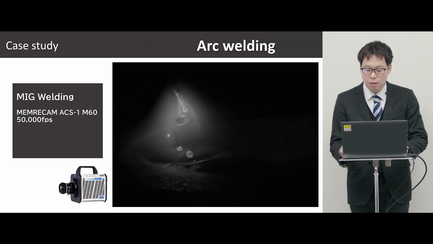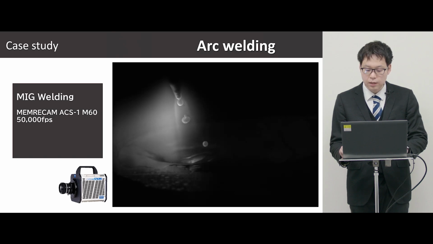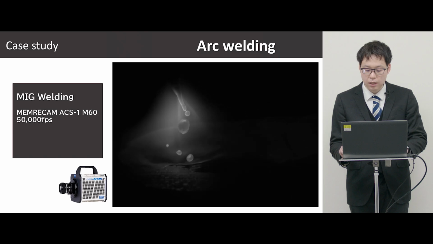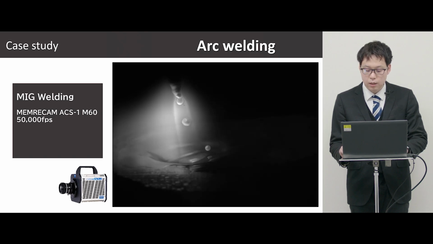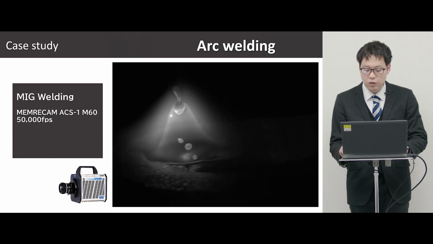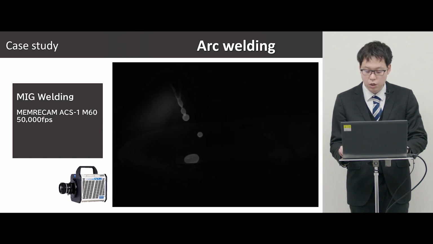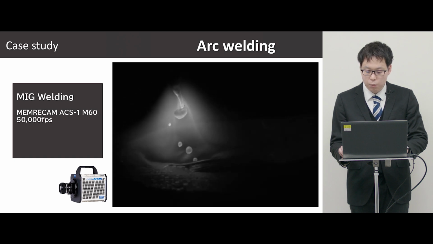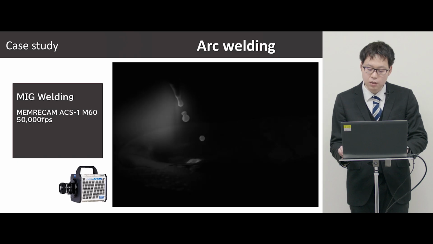A key feature of the monochrome camera is its sensor sensitivity extending into the near-infrared regions around 1000 nanometer. By using the near-infrared bandpass filter, the camera effectively cut out the strong visible light emitted by the arc discharge. This allows the wire droplet transfer within the arc to be observed more clearly than with its color imaging.